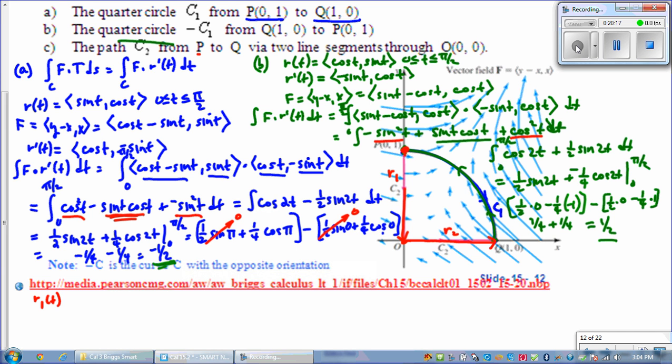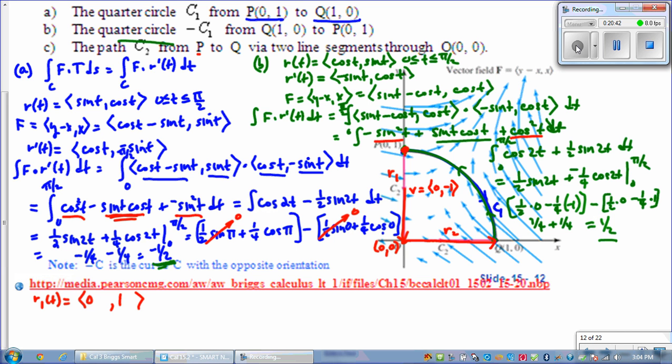So R1 of t, our starting point is (0, 1). Use that for my x naught, y naught. And my direction vector, if I just take the change in the x's and the change in the y's going from P to (0, 0), my vector v that's parallel would be 0 minus 0 is 0, and 0 minus 1 is negative 1.